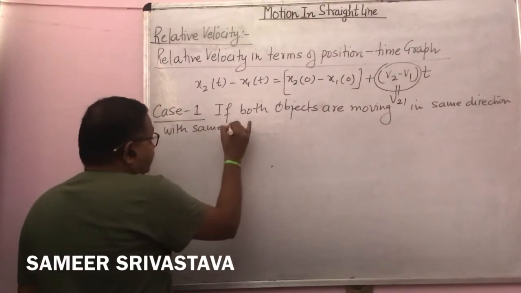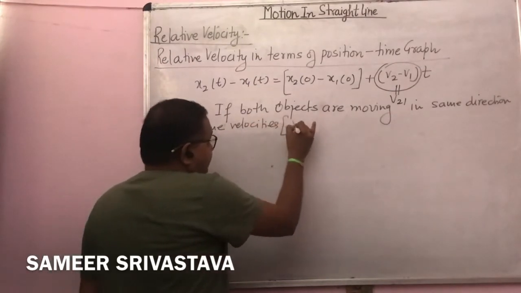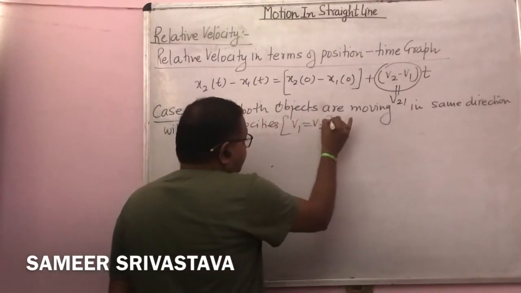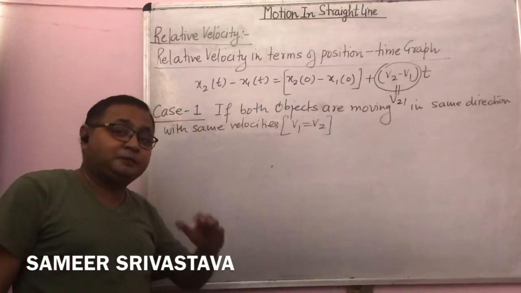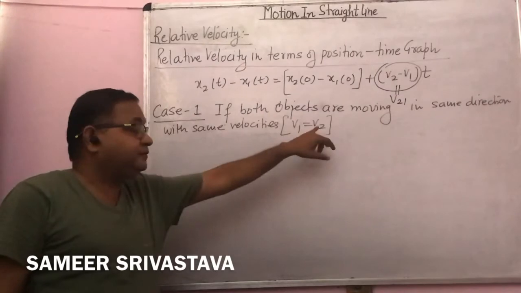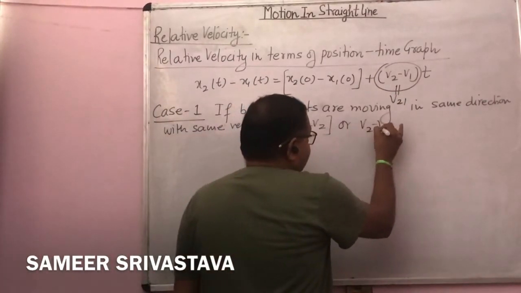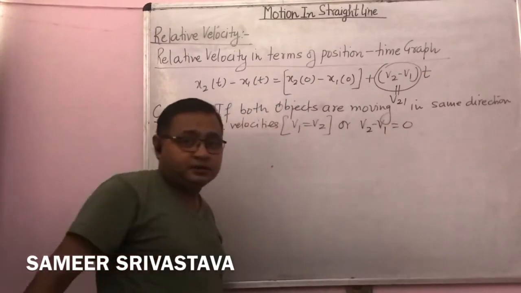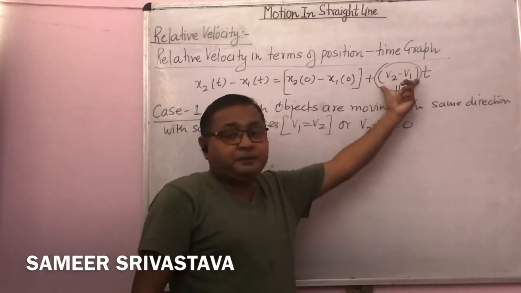Now what happened? If the velocities are the same, it means the value of v1 is equal to v2. Right? When the velocities of two objects are the same and they are moving in the same direction, v1 is equal to v2, or we can say the difference v2 minus v1 is equal to 0. It means this overall term becomes 0.